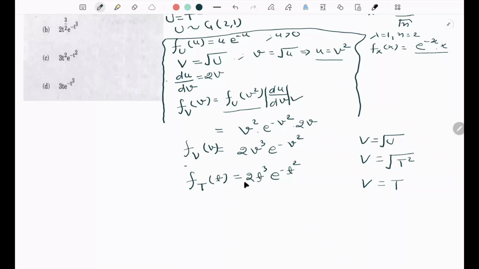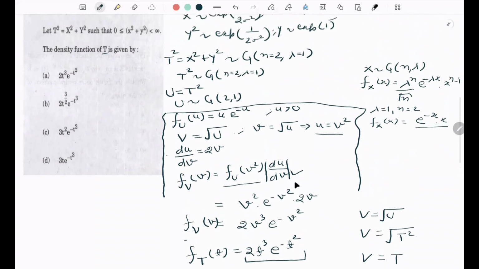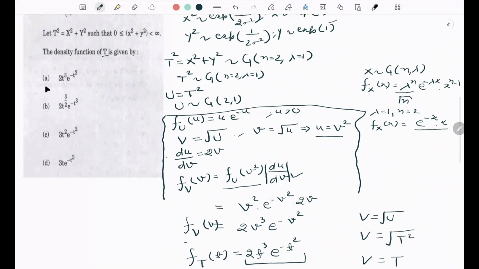So this matches with option A. Option A will be correct.